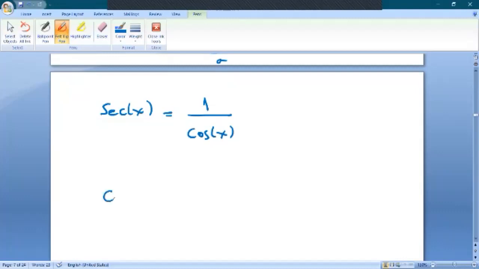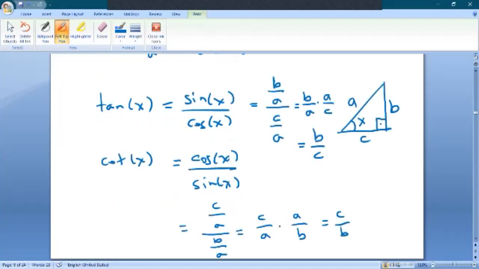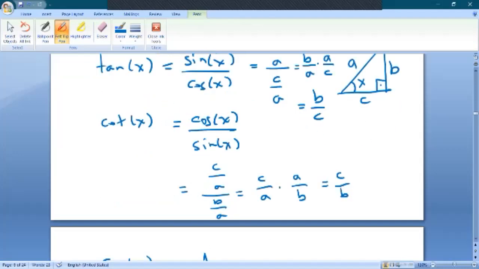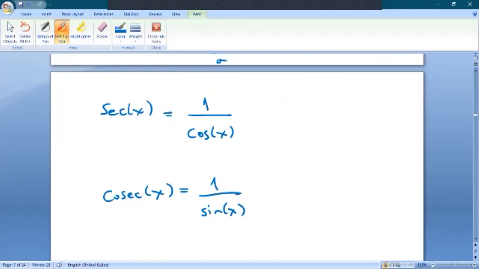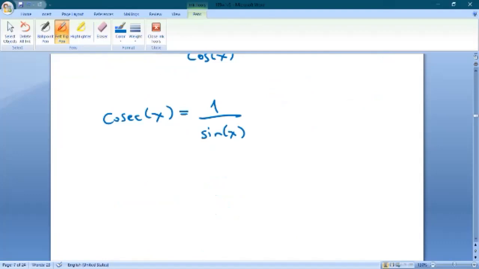And then there is this last one, cosecant. And that's, as you can imagine, 1 over sine. Okay, so secant is 1 over cosine, cosecant is 1 over sine. So as you see, once you know sine and cosine, you can get the other 4. Because tangent is sine over cosine, cotangent is cosine over sine, secant is 1 over cosine, cosecant is 1 over sine. Okay, so the important thing here is to know the sine and cosine.